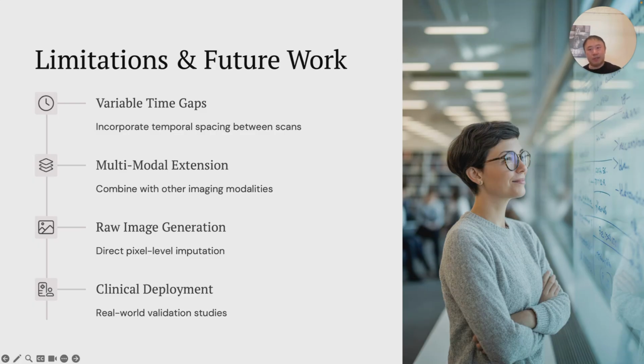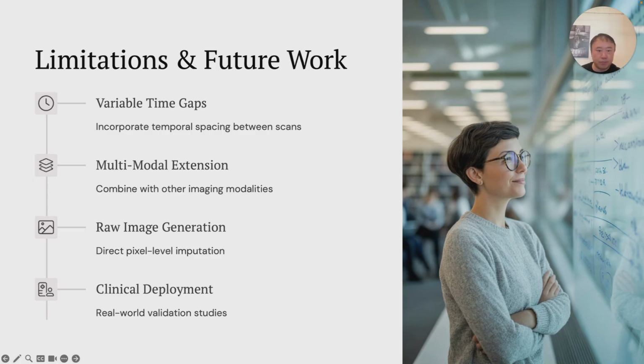The second limitation or future work potential is leveraging multi-modal imaging data. Here we only look at MRI, but we could potentially look at other imaging types such as PET scan, fMRI, DTI, and CT scans. Those are also popular imaging modalities available out there, and we can consider combining them.